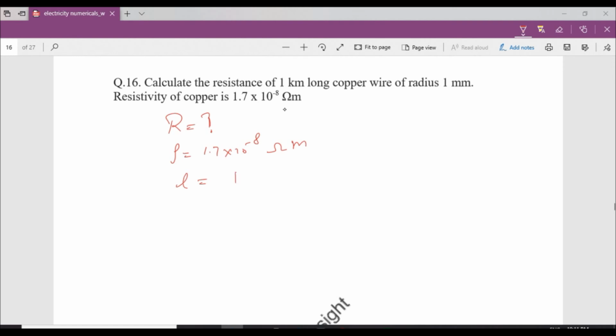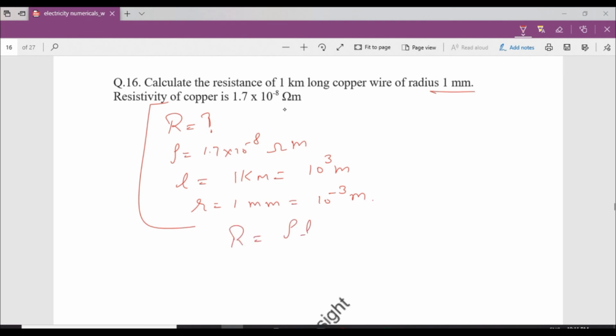Length is 1 kilometer, that is 10 raised to power 3 meters. Radius is 1 millimeter, that is 10 raised power minus 3 meters.